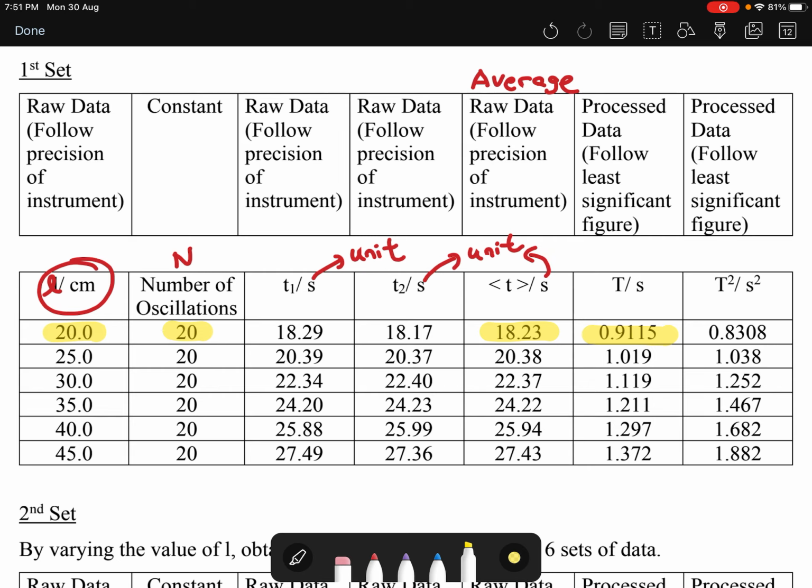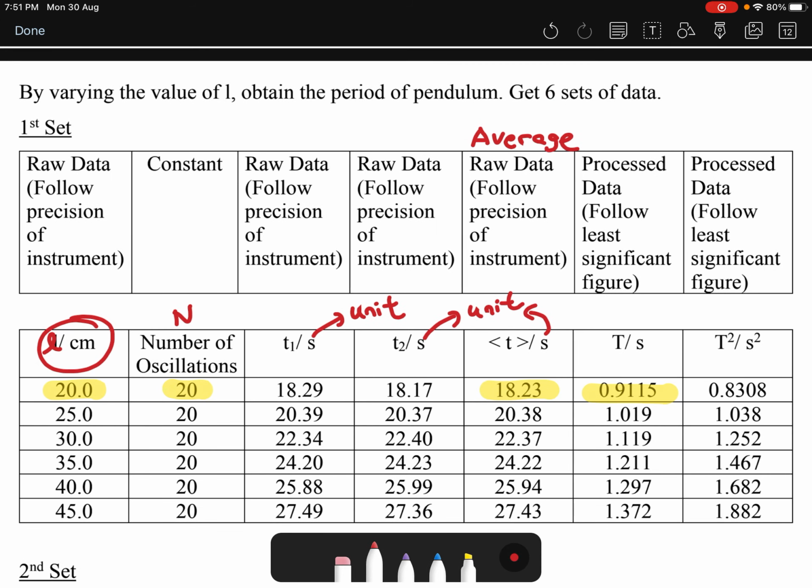Then last but not least, T square, the period square. This one is also process data, so you follow the least SF. If you look at the first reading, what is period square? It's T multiplied by T, the same T. The 0.9115 is 4SF.